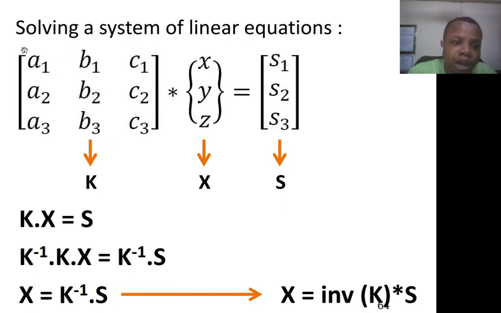You have this first matrix containing only the coefficients, being multiplied by the variables that you are looking at, then finally equal to the solution that you need here. Remember that we are interested in finding the values for x, y, and z.